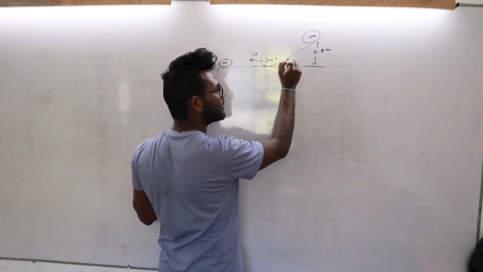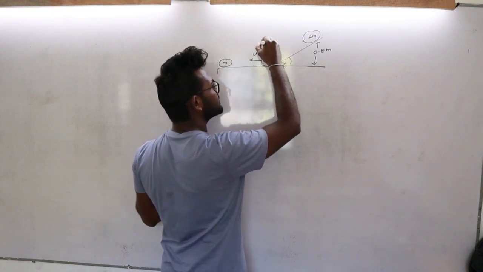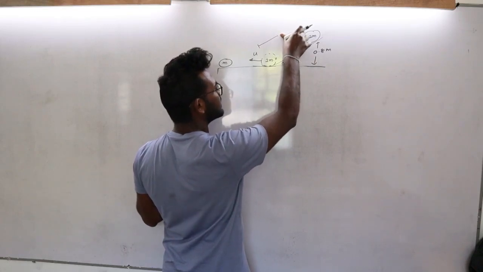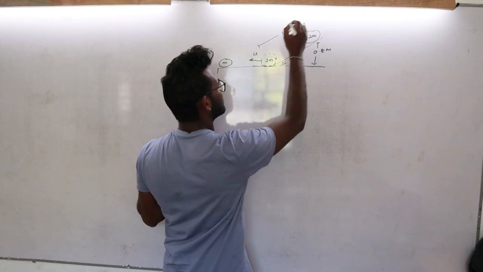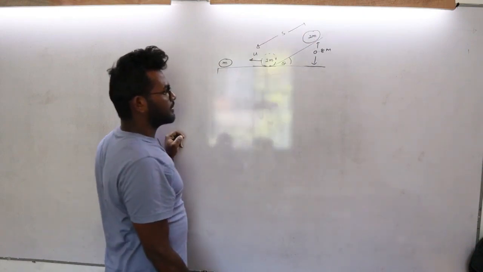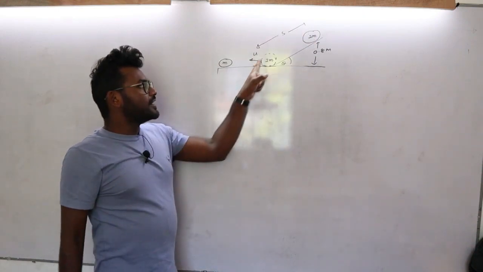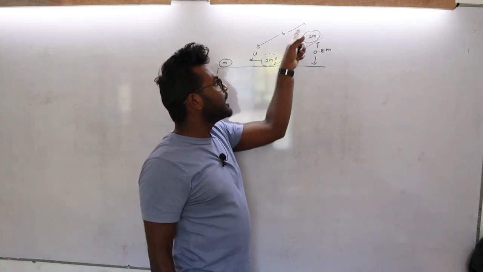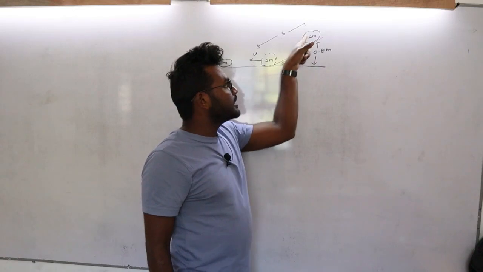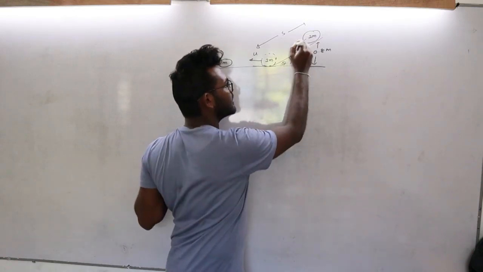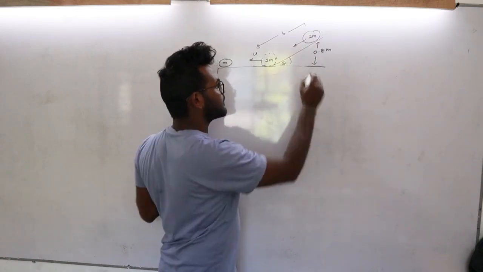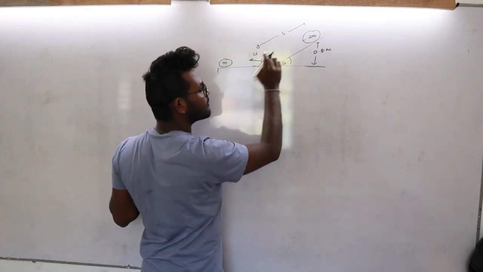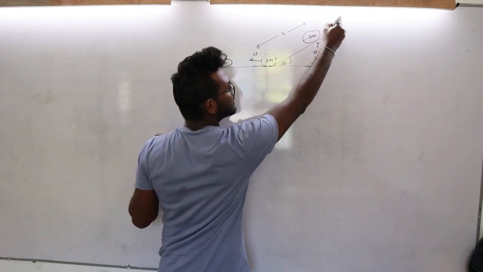So let me put this angle to be theta and this length to be s. We should find out the velocity here, which means if we know the acceleration of this object along this inclined plane, we could find out the final velocity because the initial velocity is 0.